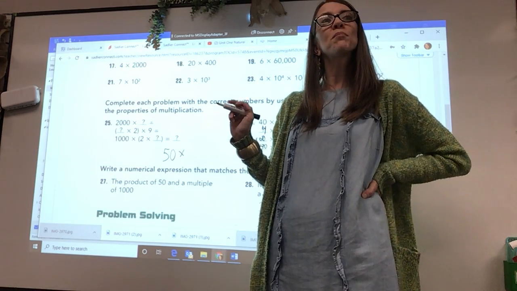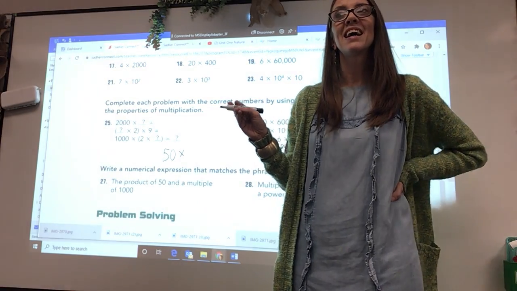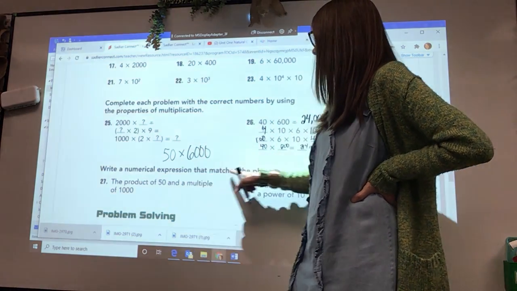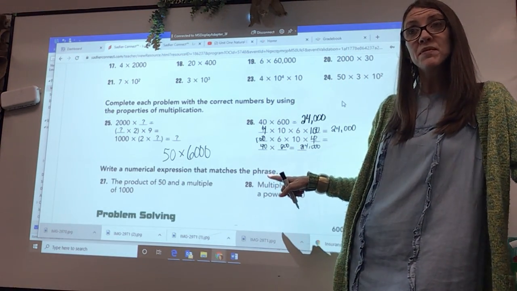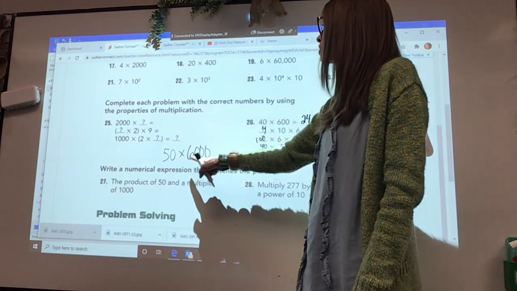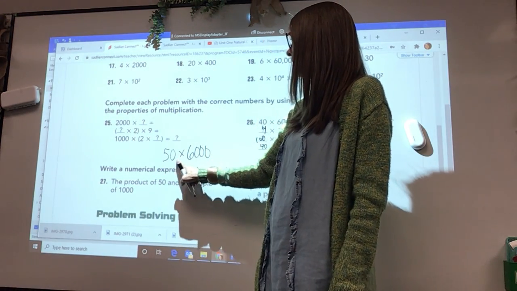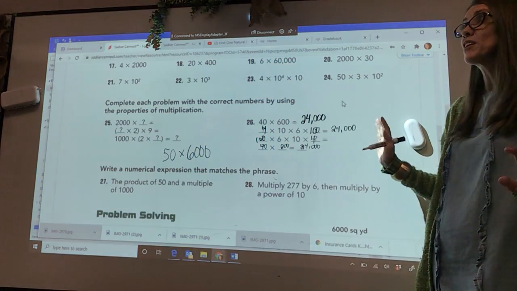Nope, 100 isn't a multiple of 1,000. Kayla? We'll take 6,000. Now, did this say you're supposed to find the answer? Nope, it just says write a numerical expression that matches the phrase. The product of 50 and a multiple of 1,000. Does that match? Right, we don't need to figure that out.